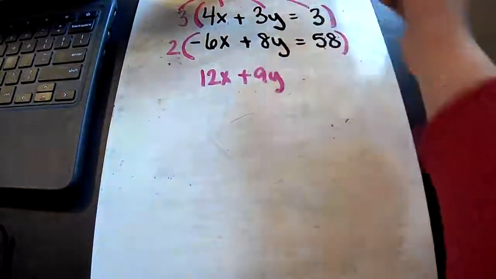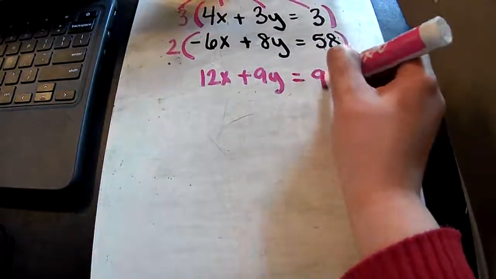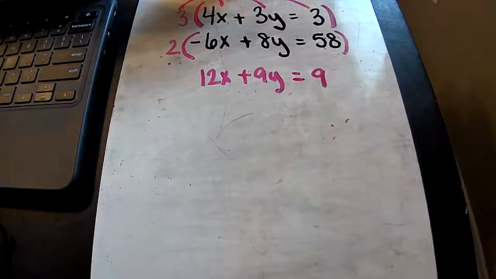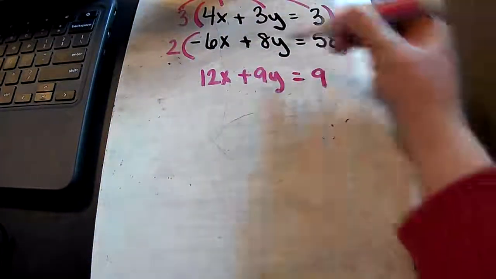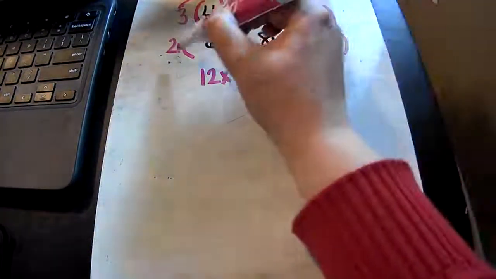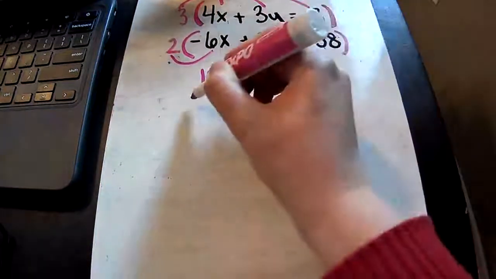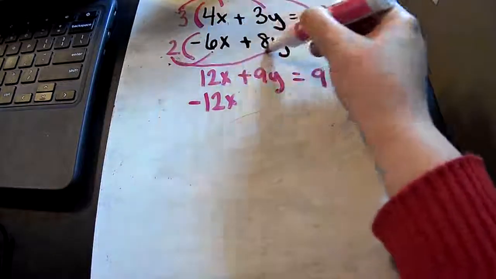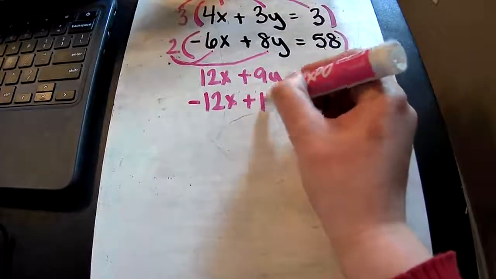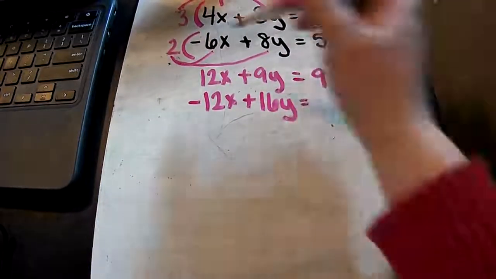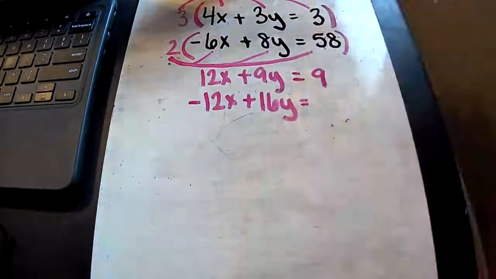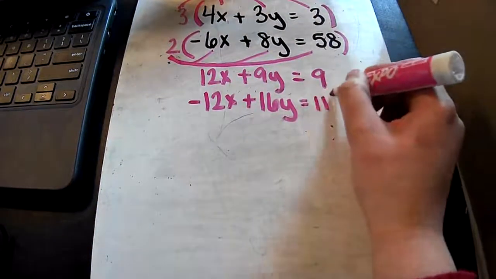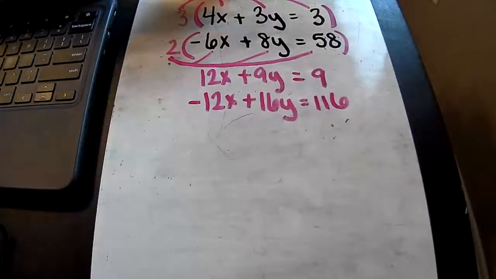And then 3 times positive 3 gives me 9. When I multiply my bottom equation here by 2, 2 times negative 6x is negative 12x. 2 times positive 8y is positive 16y. And then 2 times 58 should give me 116.